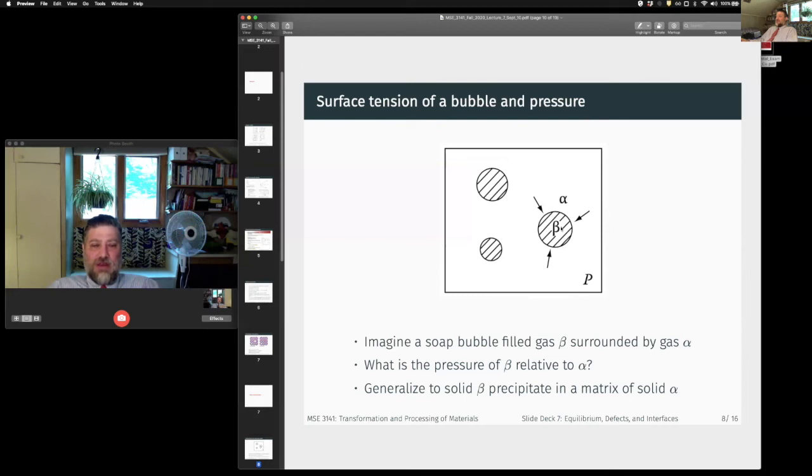So if we generalize this to a solid precipitate, now if beta is a solid and alpha is a solid, what does this imply? We still have a surface tension of this interface. We still have an interfacial energy.